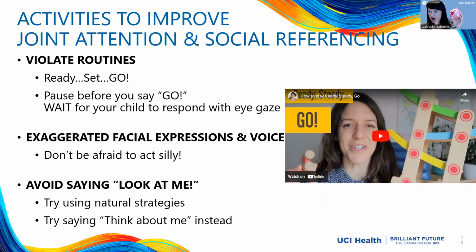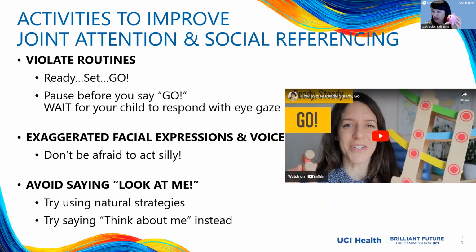And it's at that pause before saying go that oftentimes a child will then look at you like, hey, you didn't do what you were supposed to do. You did it wrong that time. Like, are you stupid? And it's when they shift their eye contact to look at you, like, why did you do it wrong that time? That you then want to say, go, and then finish the routine.